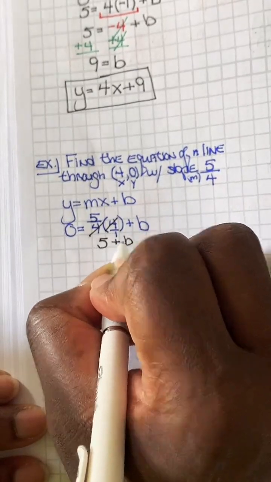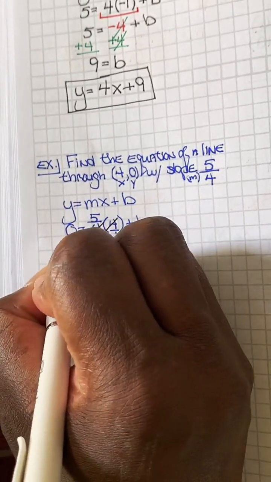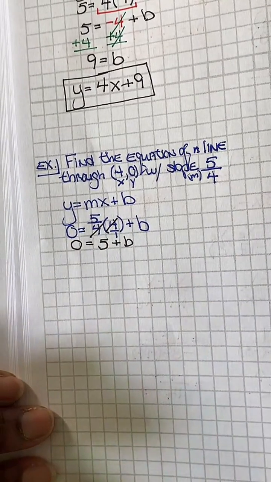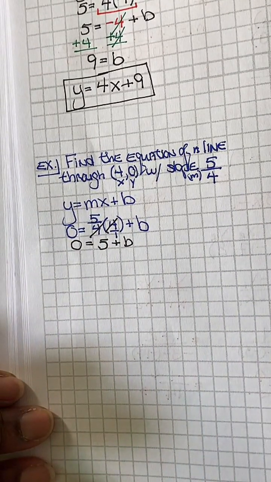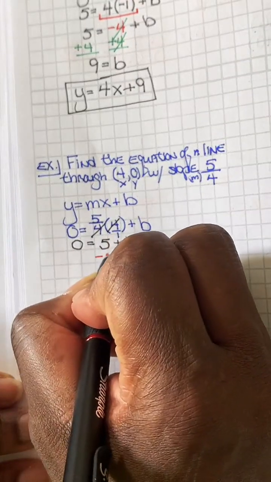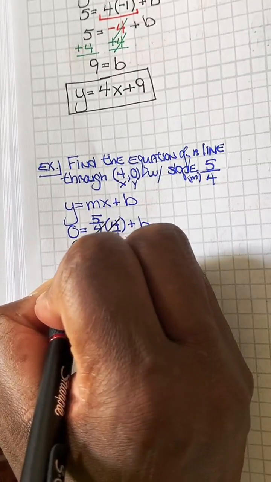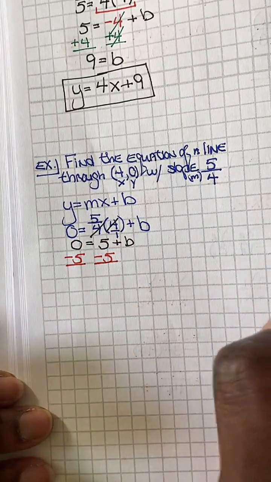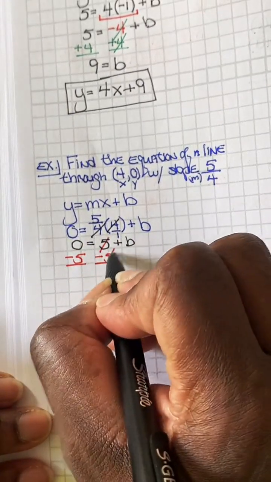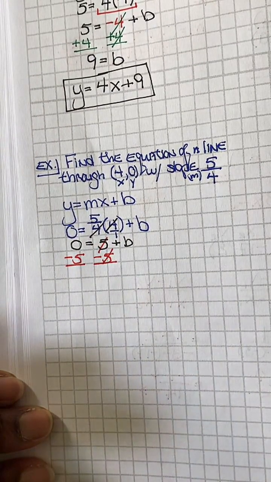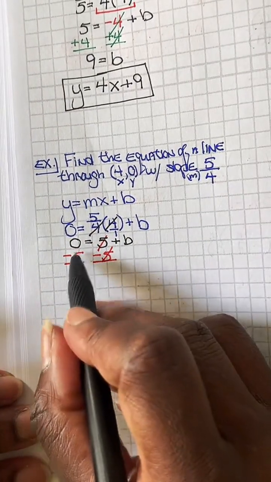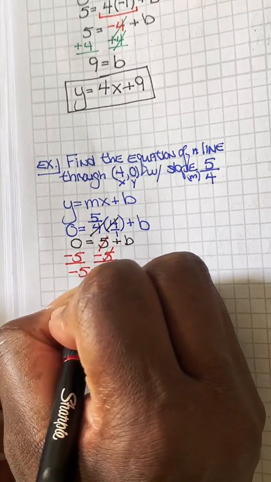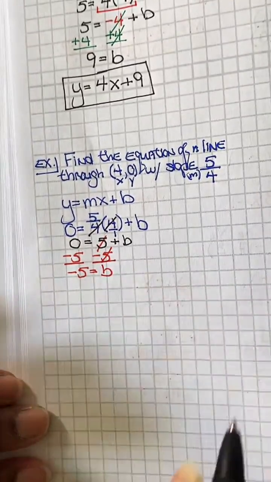Plus b equals 0. So I want to solve this for b. So I need to subtract 5 on both sides. So positive 5 and negative 5 cancel out, and 0 minus 5 will give me negative 5 equals my b.